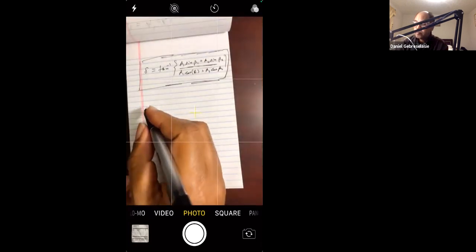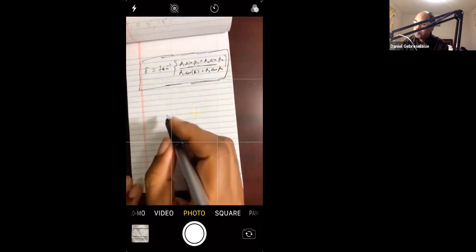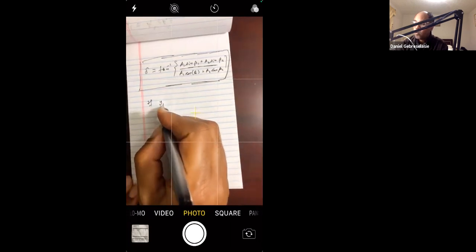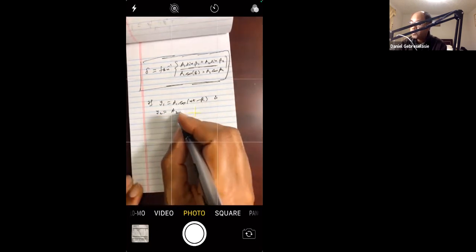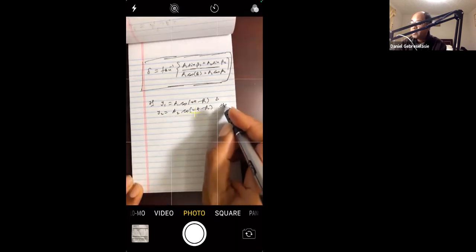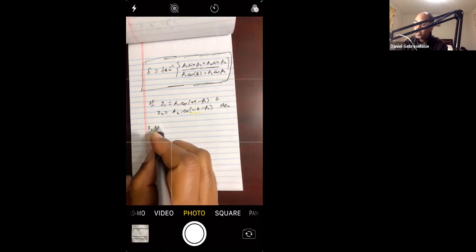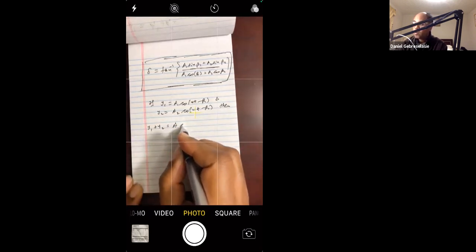What we're saying is if y1 equals A1 cosine of omega t minus beta 1 and y2 equals A2 cosine of omega t minus beta 2, then y1 plus y2 equals A cosine of omega t minus delta, provided A is given by this formula over here and delta is given by this formula.